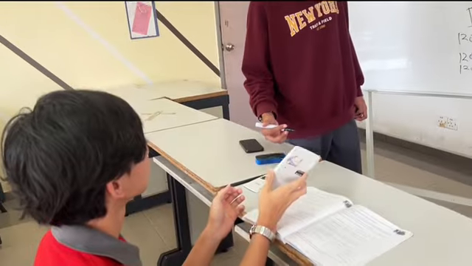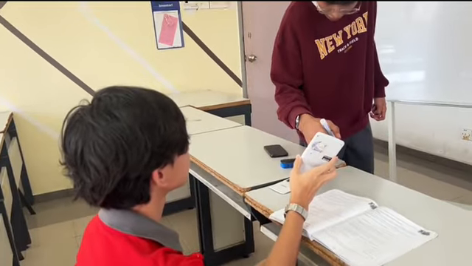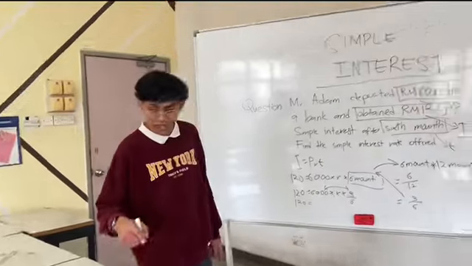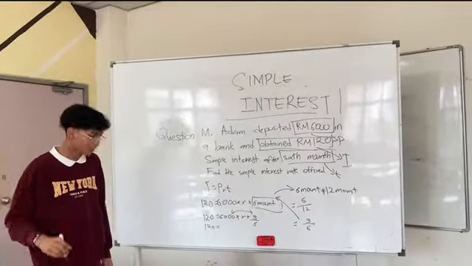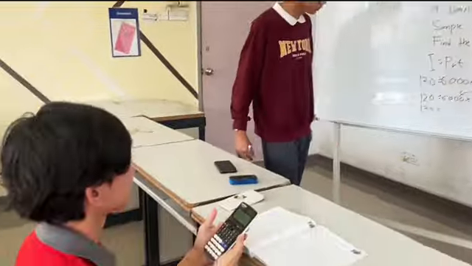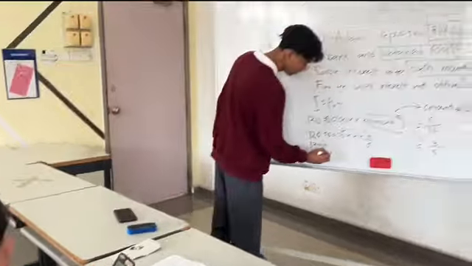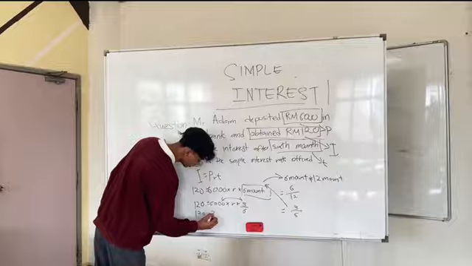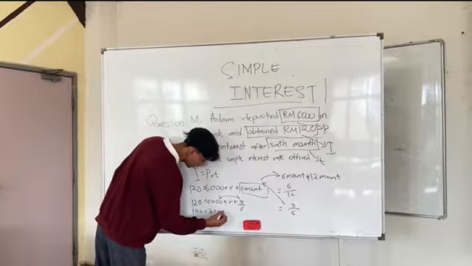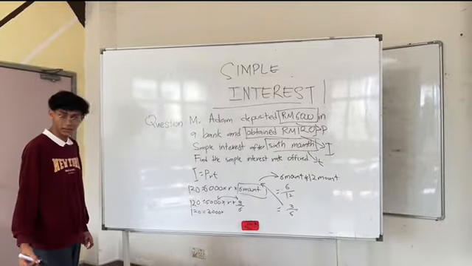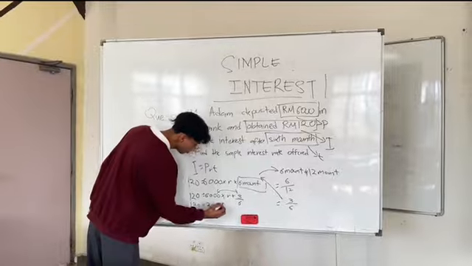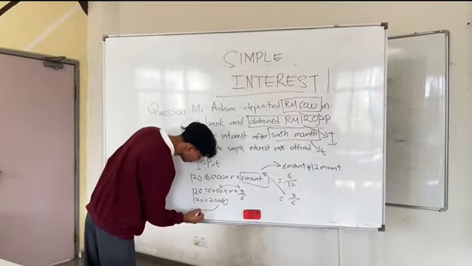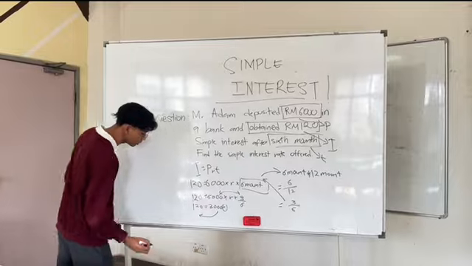What do you get? It's 3,000 times R. So we must put R by itself, so we move the 3,000 here.